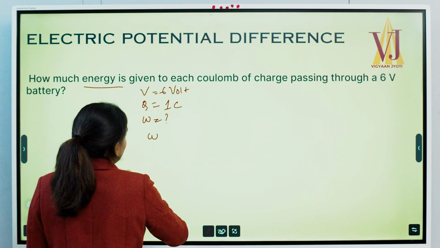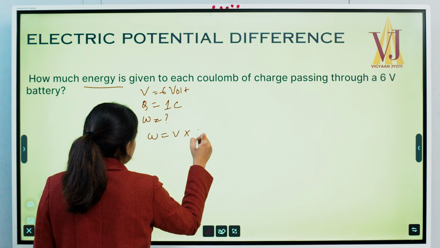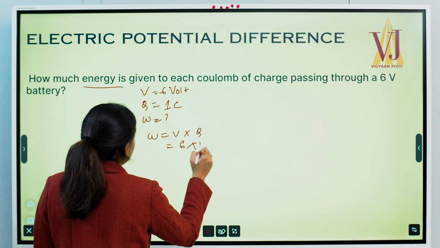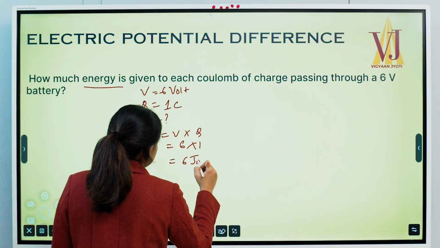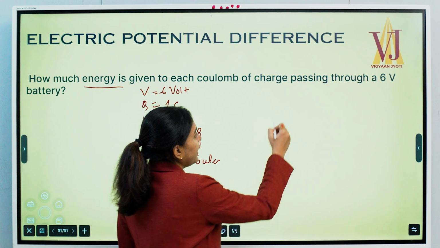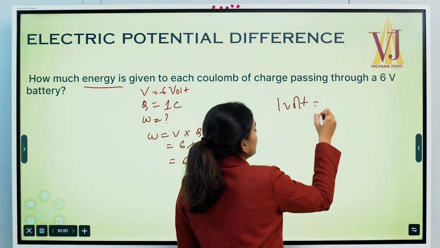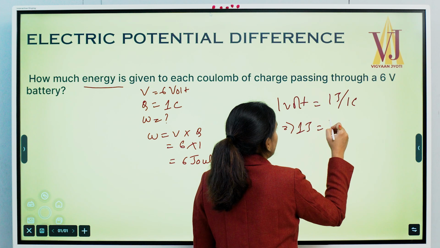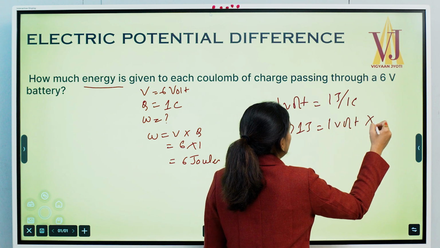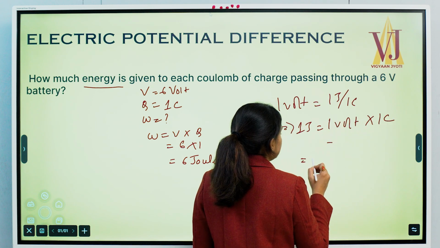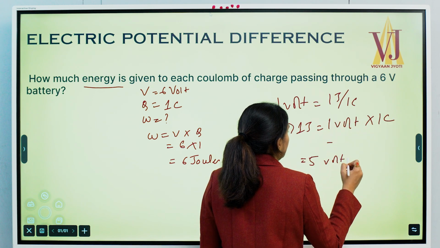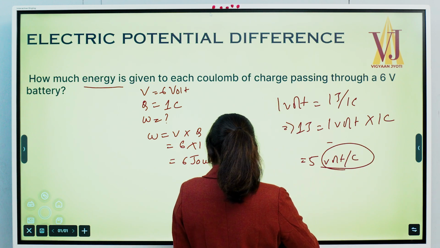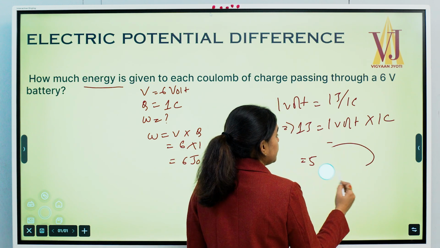We know that work done is a product of voltage and charge. Voltage is 6, charge is 1, that means 6 joules. Remember one thing, that 1 volt is equal to 1 joule per 1 coulomb. So 1 joule is a product of 1 volt and 1 coulomb.